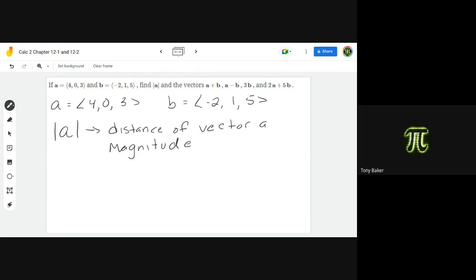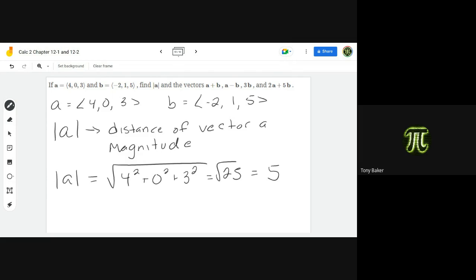I don't need to do a subtraction because I've got the distance from each of the points. So my magnitude for this is just the square root of those three values: 4 squared plus 0 squared plus 3 squared. So my magnitude in this case is 5.